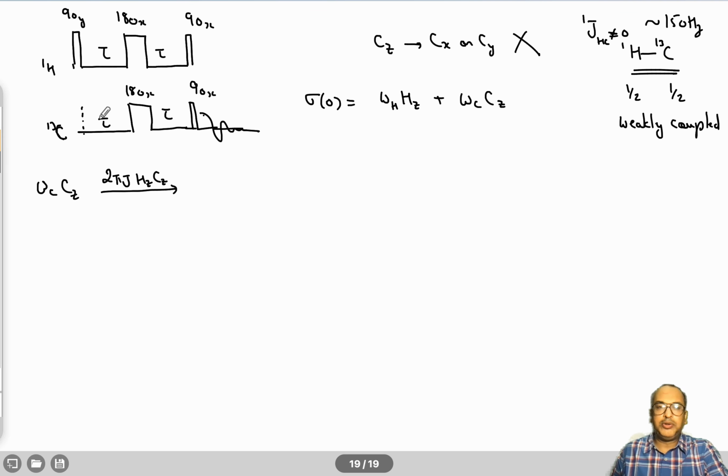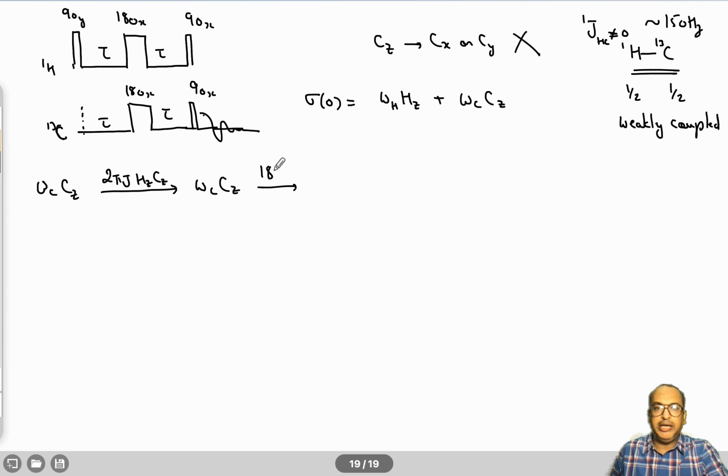There is no chemical shift evolution during the spin echo period, so that's why we are not applying the chemical shift Hamiltonian here, right? So I'll directly apply the scalar coupling Hamiltonian. Now the Hz Cz operator commutes with Cz, so it's not going to change anything. So basically it remains the same, right?